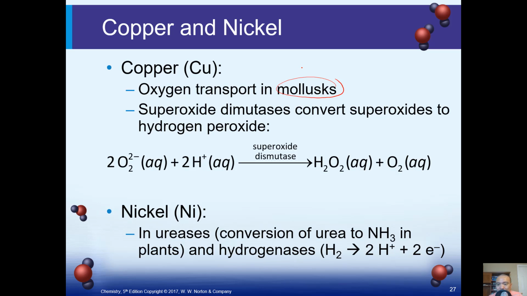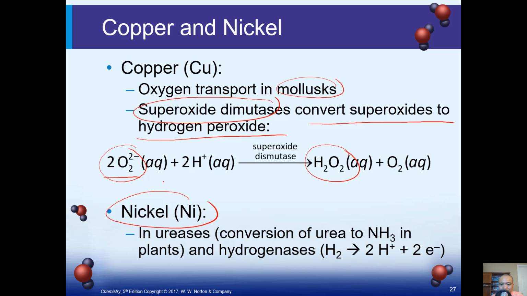Copper is also an important component of the enzymes azurin and plastocyanin, which mediate the electron transfer reactions during photosynthesis. Copper is also involved in the enzyme that is responsible to convert superoxide to hydrogen peroxide.